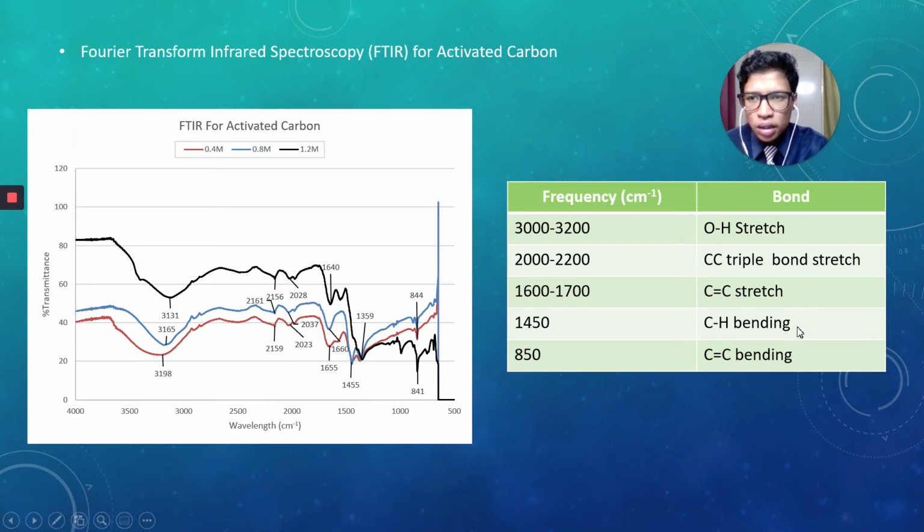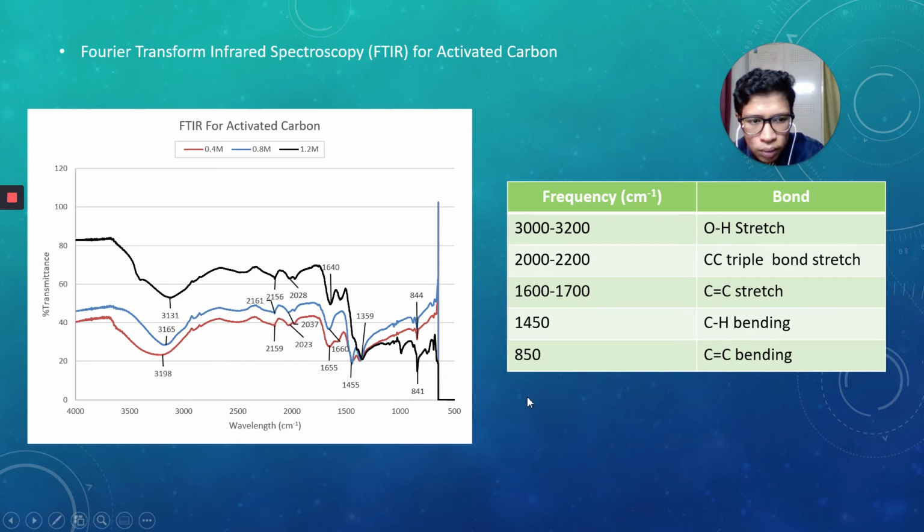Next is the FTIR for activated carbon for each molarity. As you can see, first, same as the sugarcane bagasse, at 3100 it contains an OH stretch. Between 2000 and 2200, it contains a carbon triple bond.